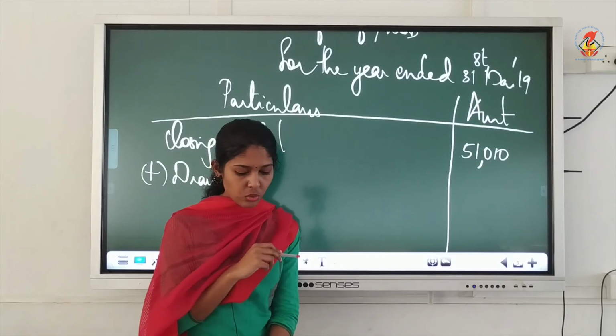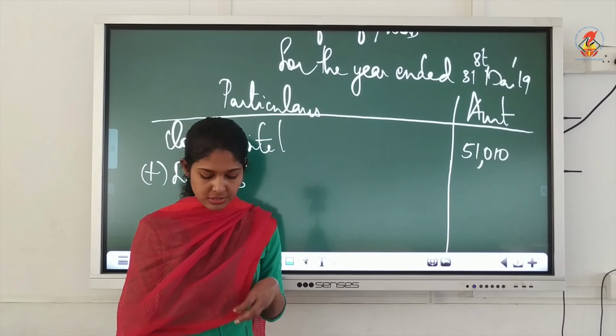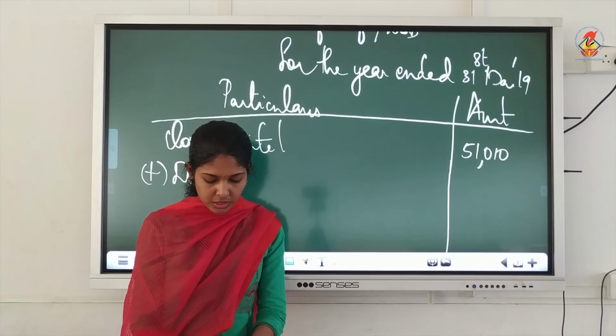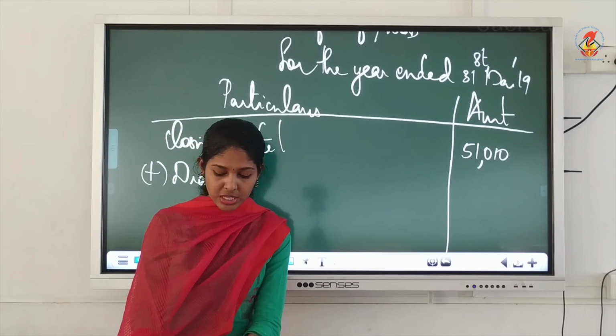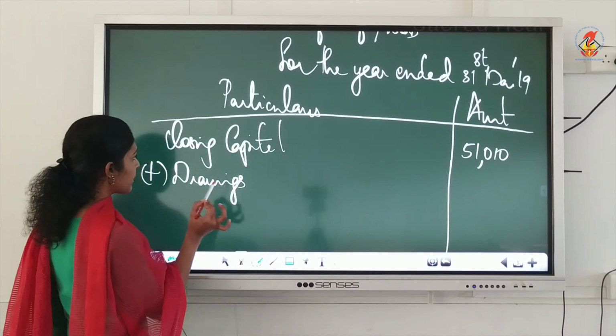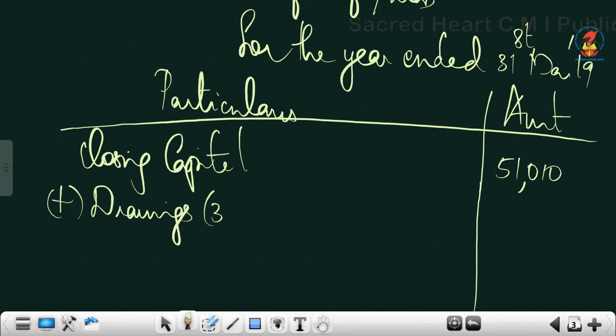Add drawings. Okay, here drawings we have to add 375 every month during the first half of the year. That means it will be, I'll do the calculation here itself, 375 into 6.